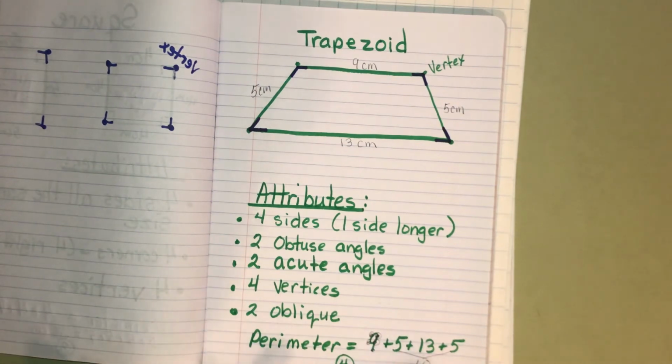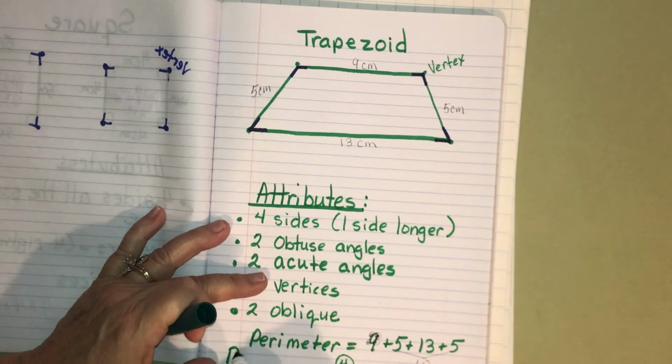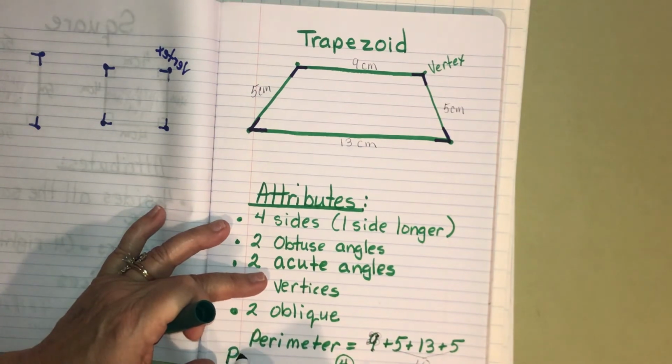Okay? So perimeter, in math, we like to use just the letter. So P for perimeter equals 32 centimeters.